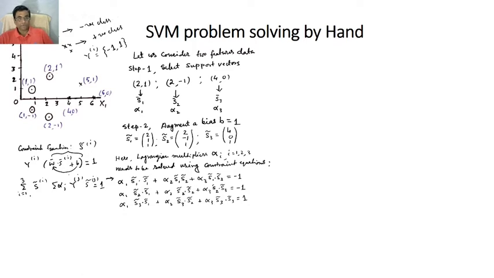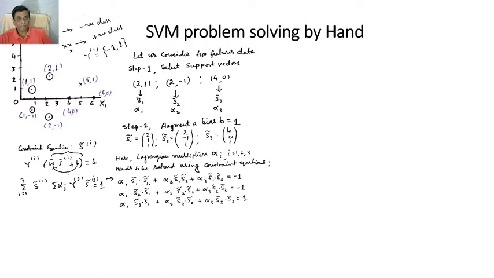So for support vector 1, S1 curly, I have attached alpha 1, and then j equals 1 to 3.